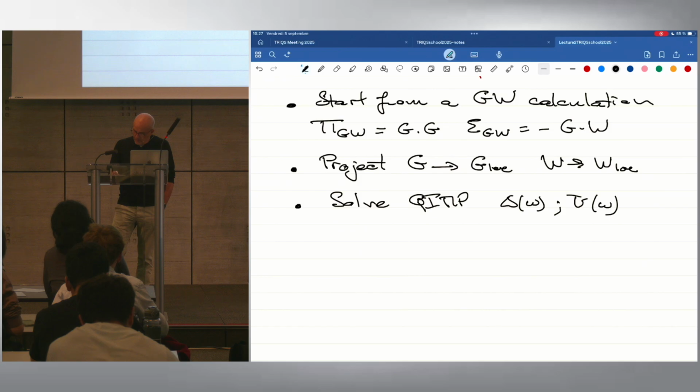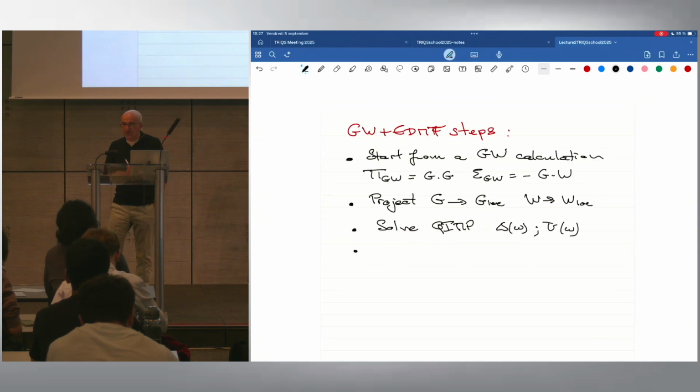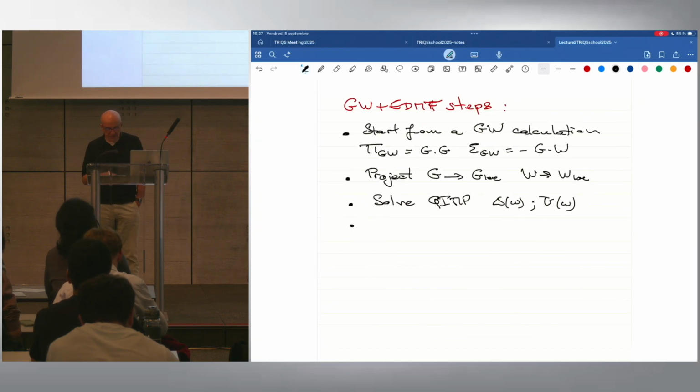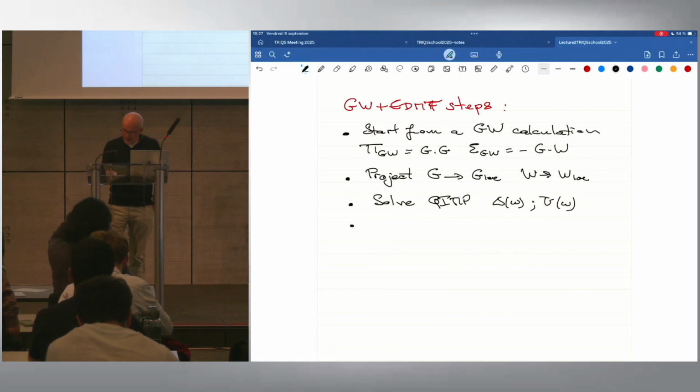Then we're going to use our approximation for sigma that I wrote previously, and that implies upfolding. So when I solve the quantum impurity problem, I can obtain sigma impurity and pi impurity. I explained before how to obtain pi impurity.